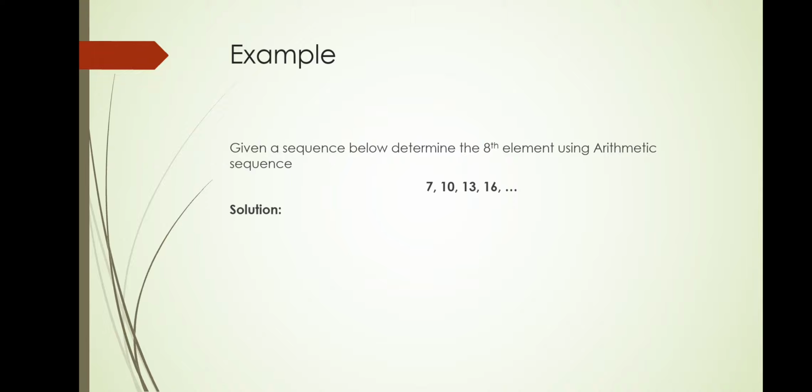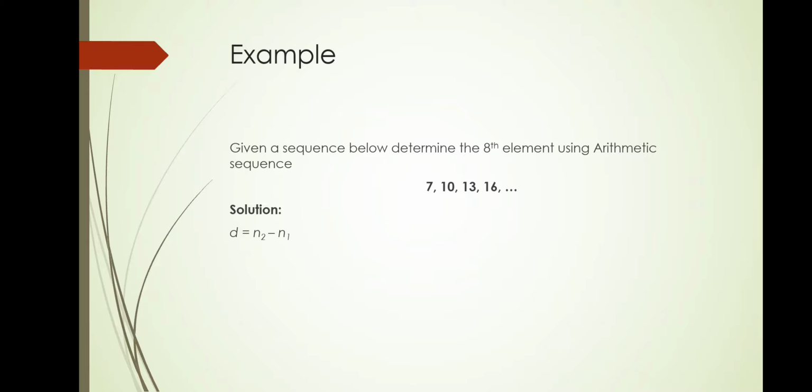For the solution, first, we should look for the common difference. Since given naman na arithmetic sequence, to get the common difference, we will take the difference of the second term and the first term.